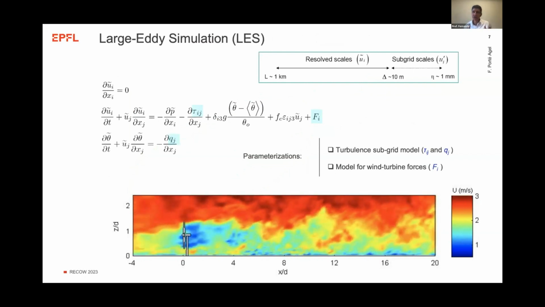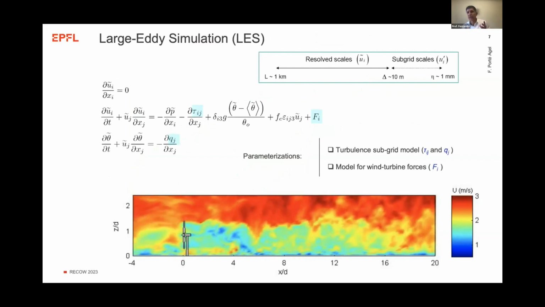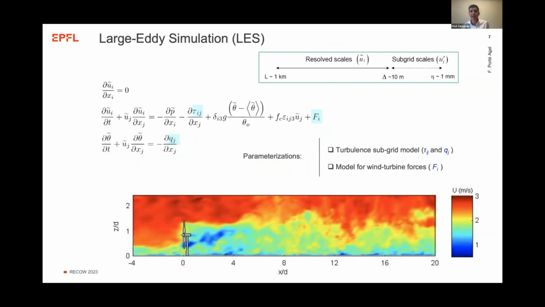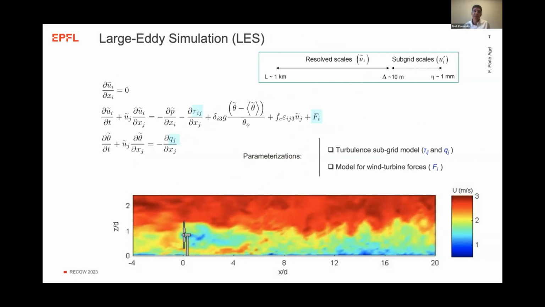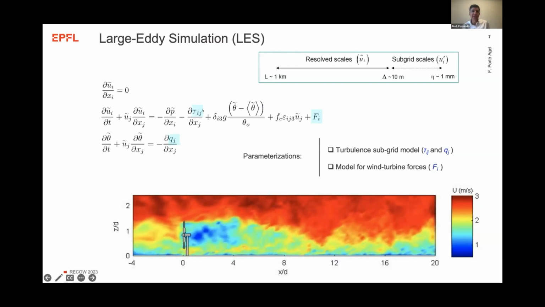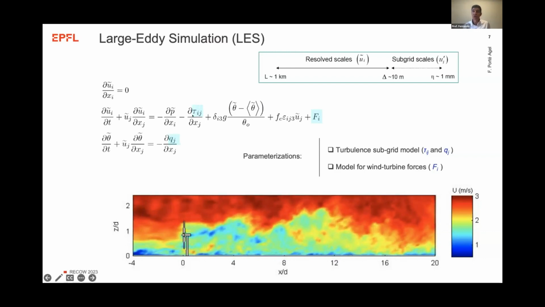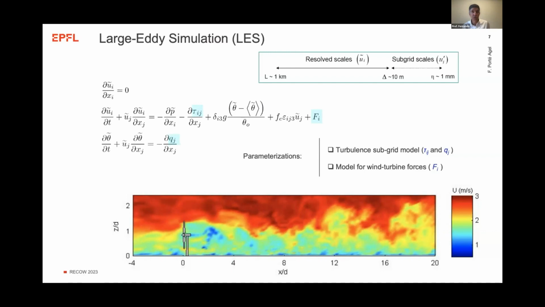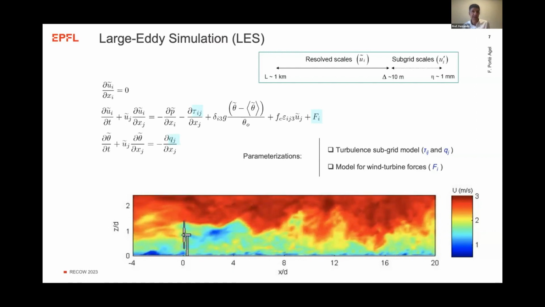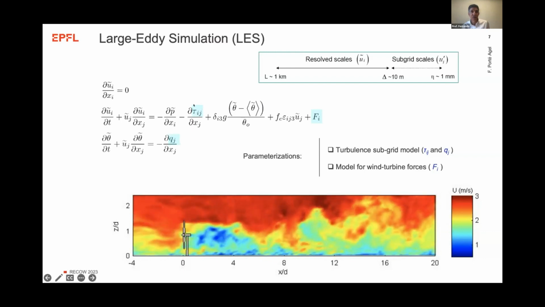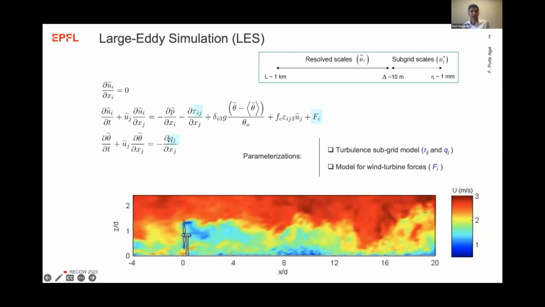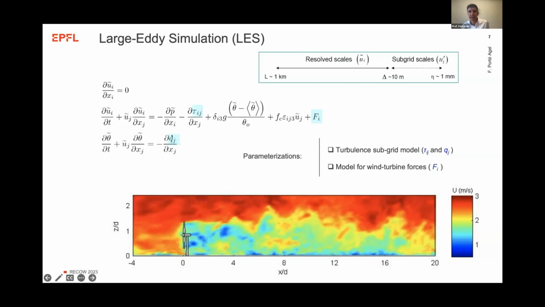The finest resolution we can use is about a few meters, okay? Let's say about 10 meters or so, on that order. So that means that we need to parameterize the effect of the so-called subgrid scale, all the turbulence that is below that scale, which is still quite substantial. These are the so-called subgrid scale stresses and subgrid scale fluxes of heat.